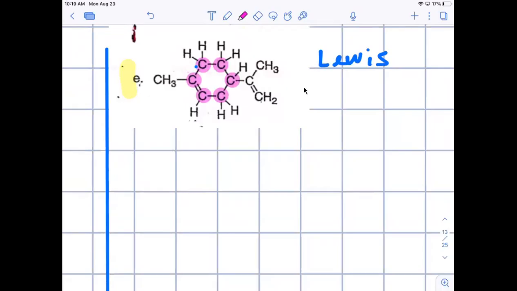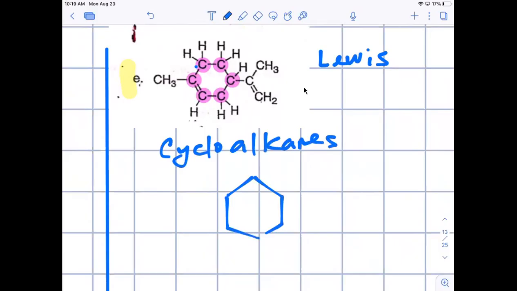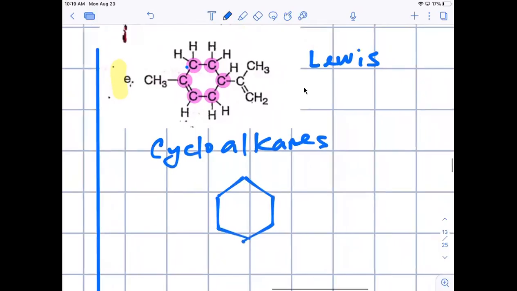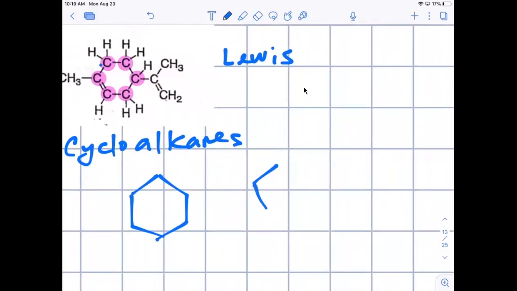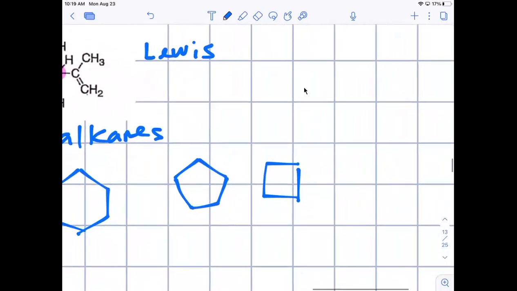Those cyclic structures we call cycloalkanes. Those 6 carbons would be a hexagon. A 5-carbon ring would be a pentagon. A 4-carbon ring would look like a box, and a 3-carbon ring would look like that.